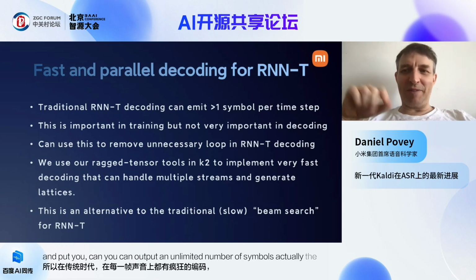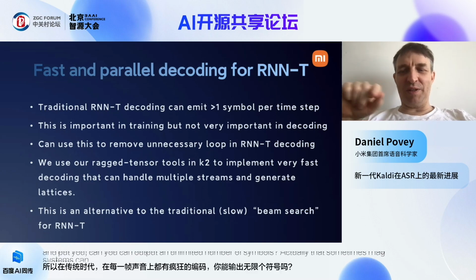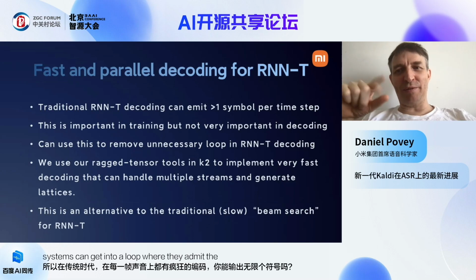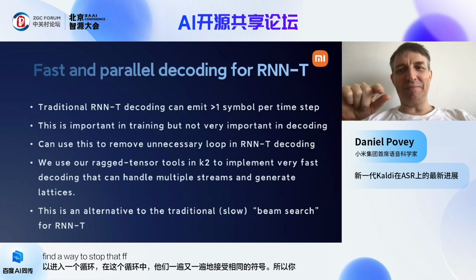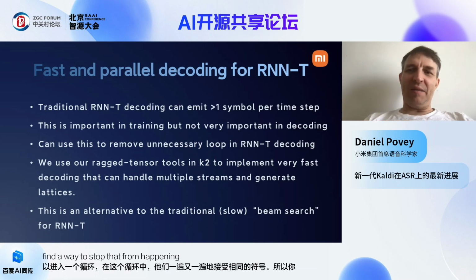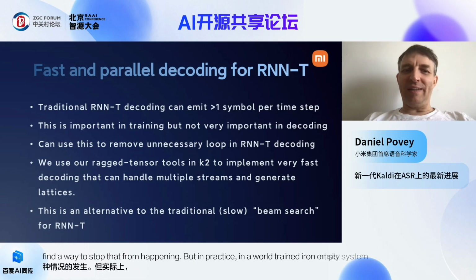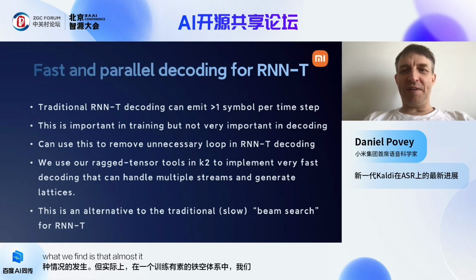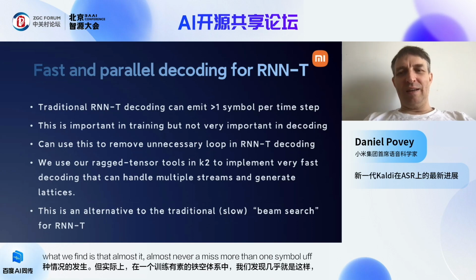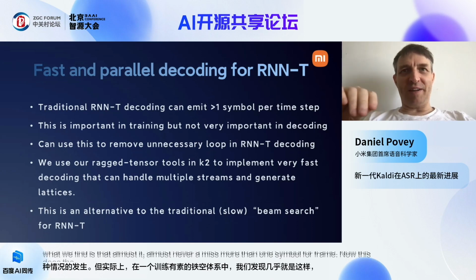Actually, sometimes RNN-T systems can get into a loop where they emit the same symbol over and over. So you have to find a way to stop that from happening. But in practice, in a well-trained RNN-T system, what we find is that it almost never emits more than one symbol per frame. Now, this does depend on the frame rate.